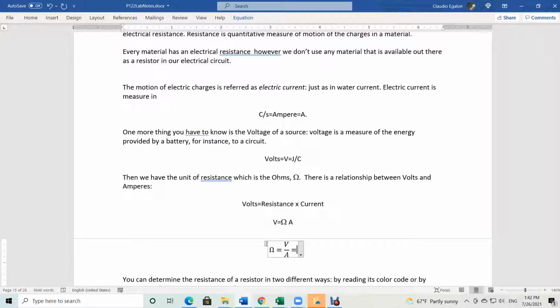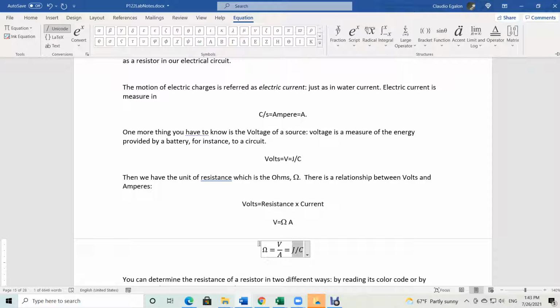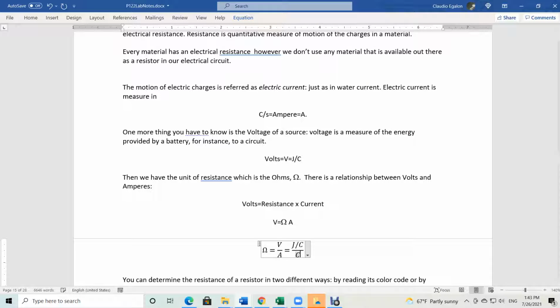And then let's not forget joule. Volts is joules per coulomb divided by coulomb per second, right?